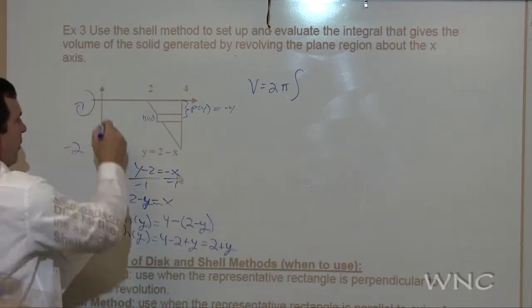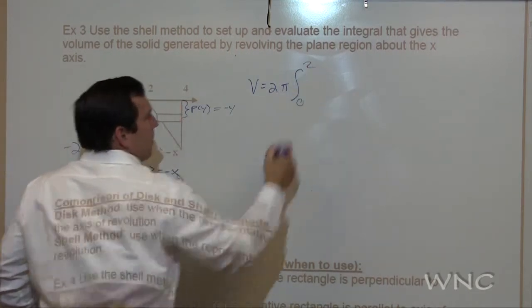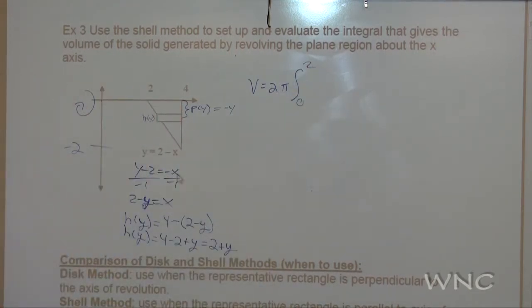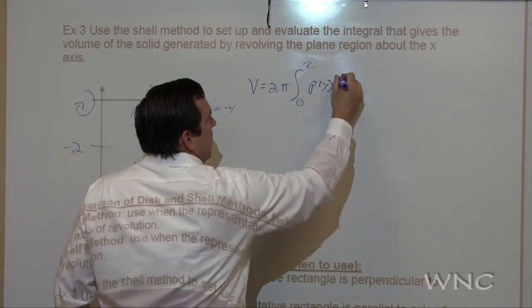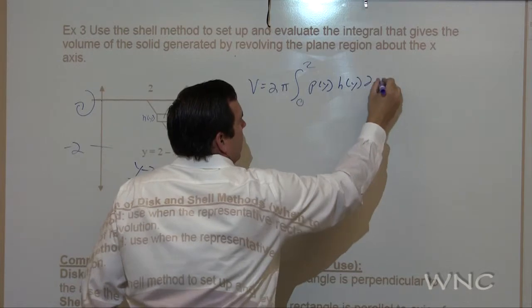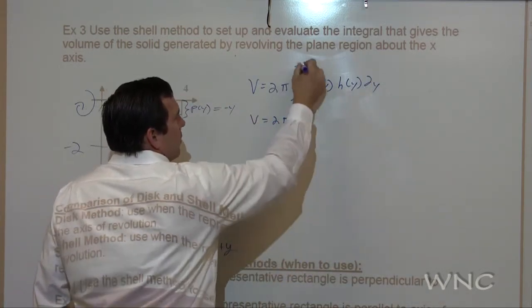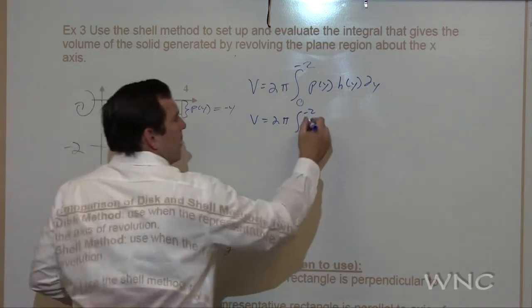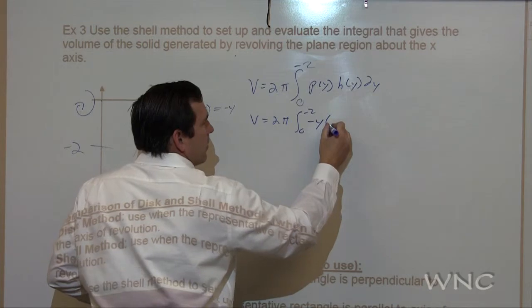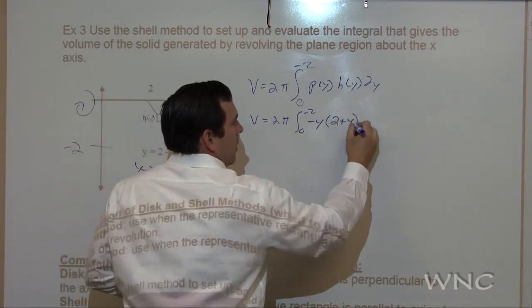Nope, I take it back, I'm going vertically. From 0 to negative 2 of p of y times h of y dy. So our volume is going to be 2 pi integral from 0 to negative 2 of negative y times 2 plus y dy.